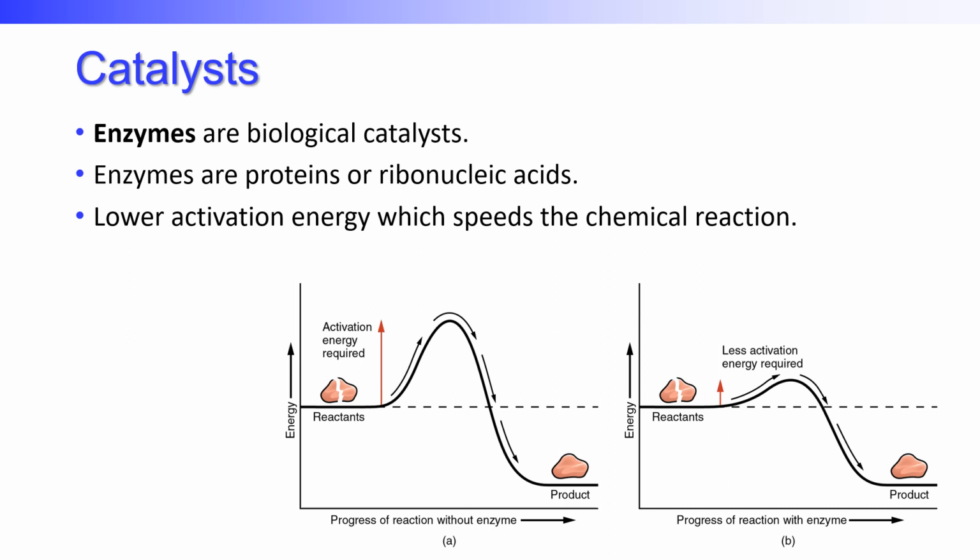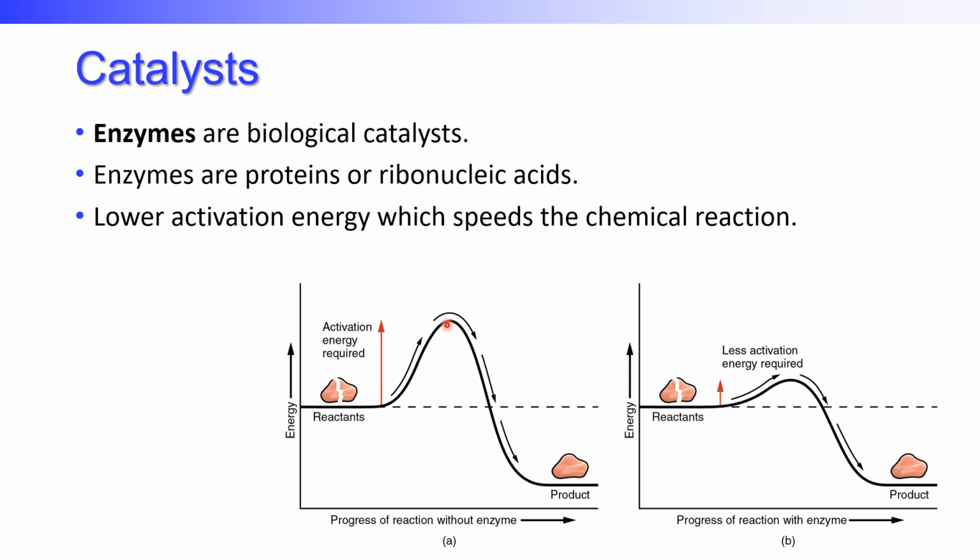So what do we mean by that? Well, remember I said there's this hump that the reaction has to basically get over in order to get the product. Well, the energy to go from the basic input energy of our reactants to this downhill slide, this is known as the activation energy of this chemical reaction.